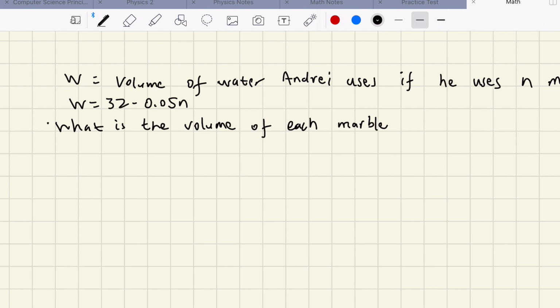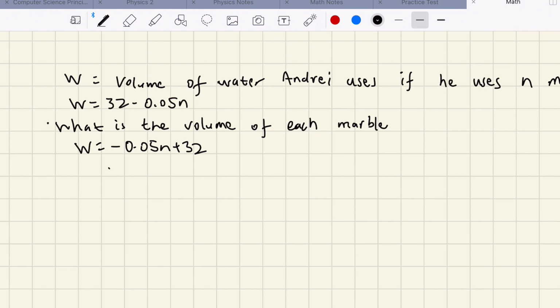The volume of each marble is the relationship's rate of change, which in linear relationships is represented by the slope of the graph. The equation W equals 32 minus 0.05n is in slope-intercept form, and it can be written as W equals negative 0.05n plus 32, where m equals negative 0.05 and b equals 32.